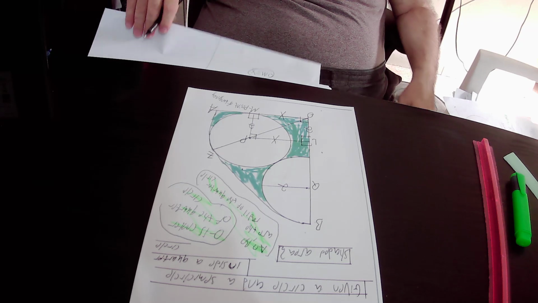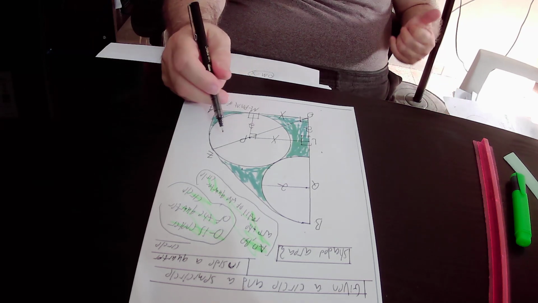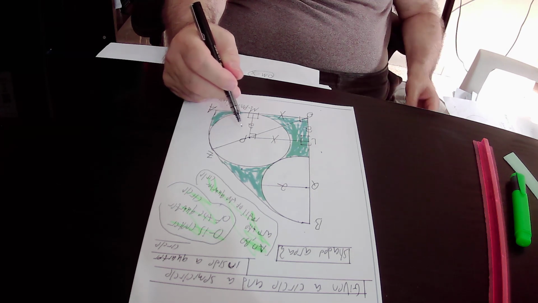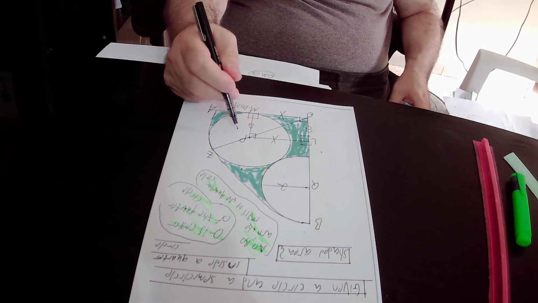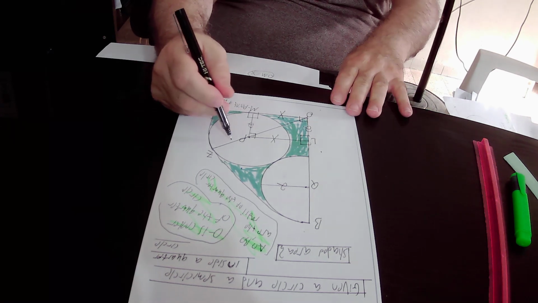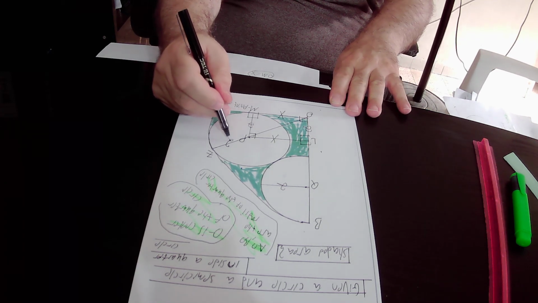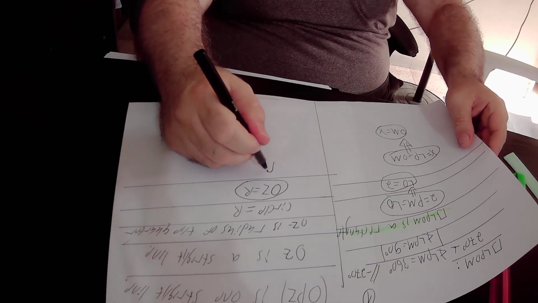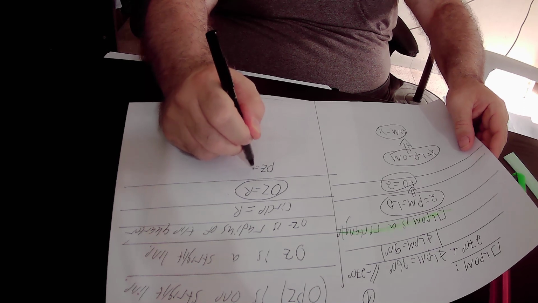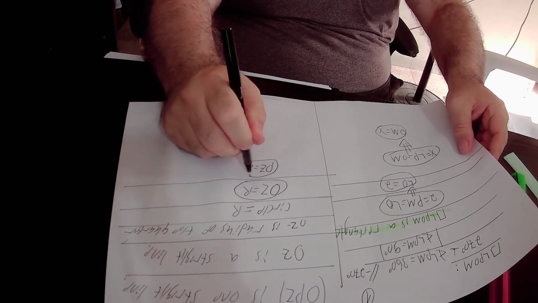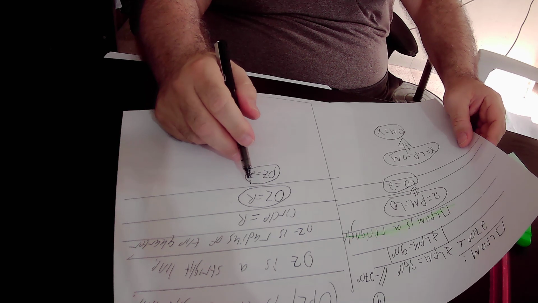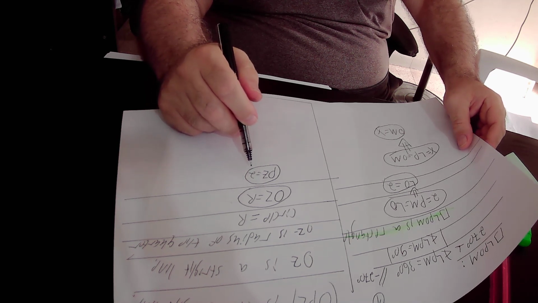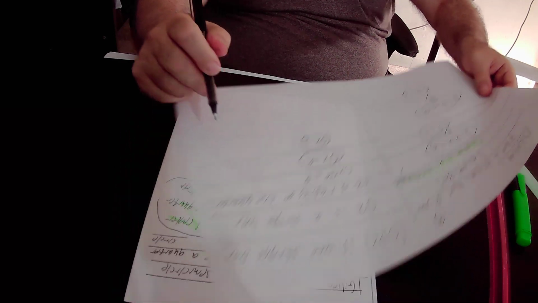But we also know that point P is the center of the circle, point Z is a point on the circle itself, therefore PZ is the radius of this circle that is equal to 2 units according to what is given in the question. So here we can write down also that PZ equals 2 units. So here we know that OZ equals capital R, the radius of the quarter circle, and PZ equals 2, the radius of the circle.